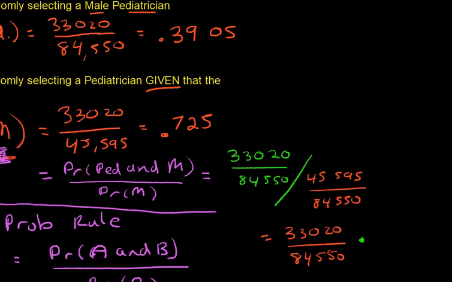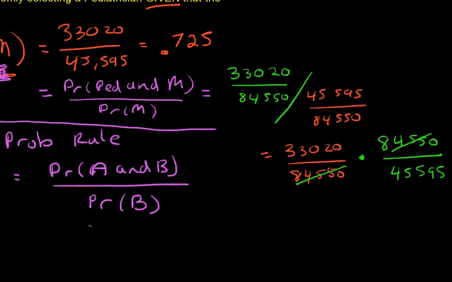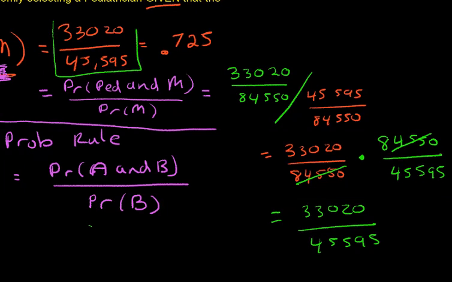So that'd be times the reciprocal, so flip it around, 84,550 divided by 45,595. Okay, you see these cancel, and what you're left with is 33,020 divided by 45,595, which is the same answer that we came up with before. So this equals 0.725.